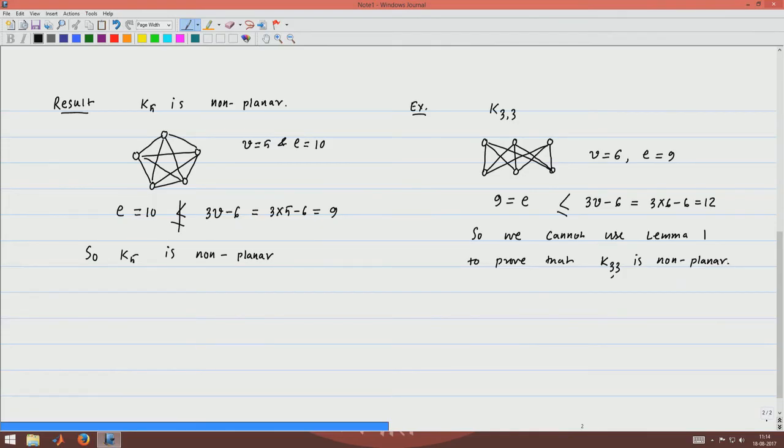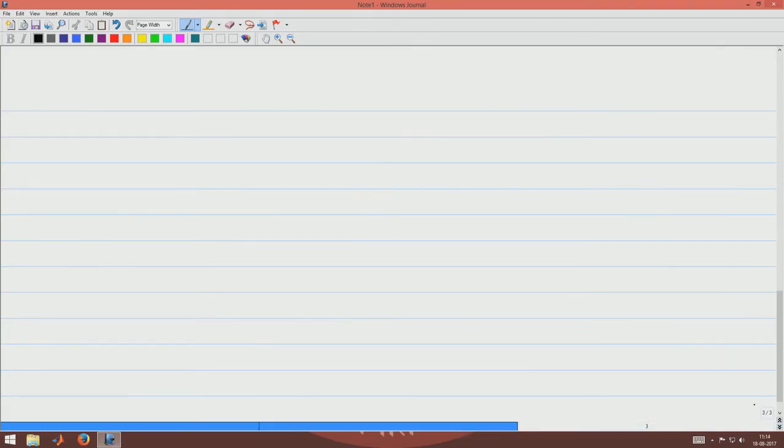Okay. So, we talk about another lemma. This K33 is a bipartite graph, and we know that a graph is bipartite if and only if it has no odd cycles. So, that fact we need to use.